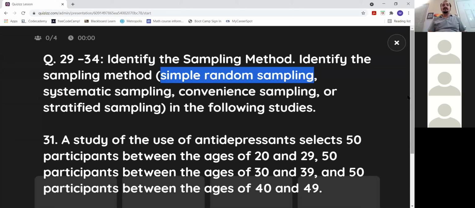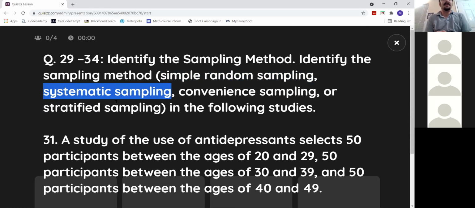I get 6 people and label each one of them 1 through 6, and I roll a die. If I have fewer than 52 people, I can hold out my deck of cards, make everyone pick a card, and then shuffle the cards and pick them at random. I have some kind of system to randomly choose people.